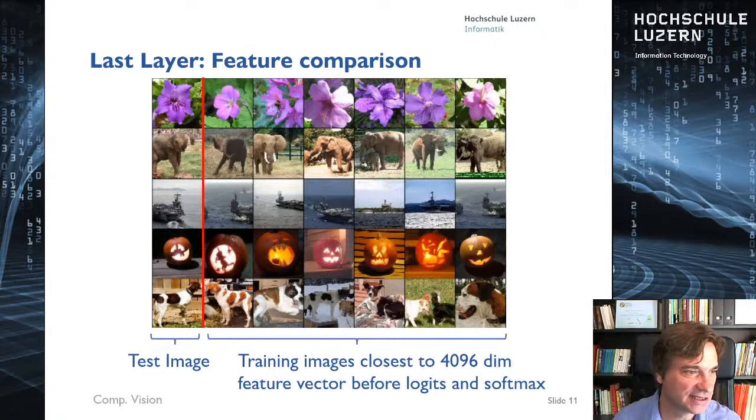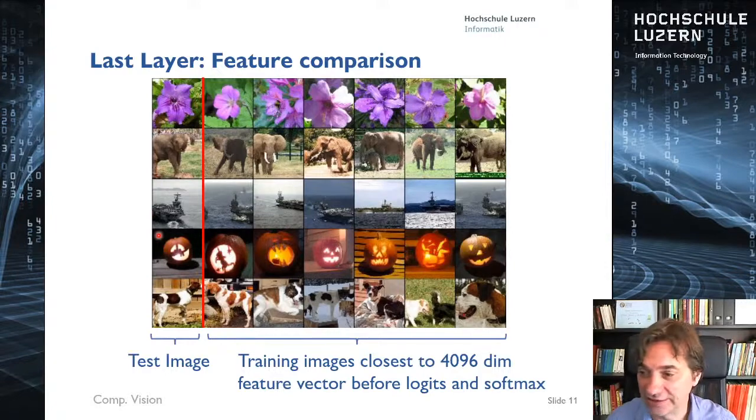For example, I think in the AlexNet here, it was like 4000 dimensional. And what you can do is you could look at the training images that are closest in the feature vector to your input, your test image here. And you will actually find quite similar images. So the feature vectors seem to capture the essence and the class of the image quite well.